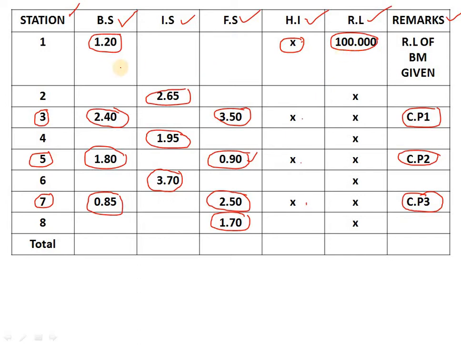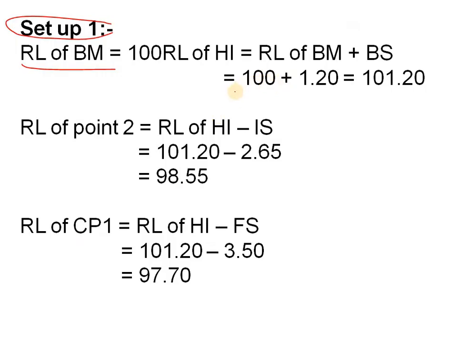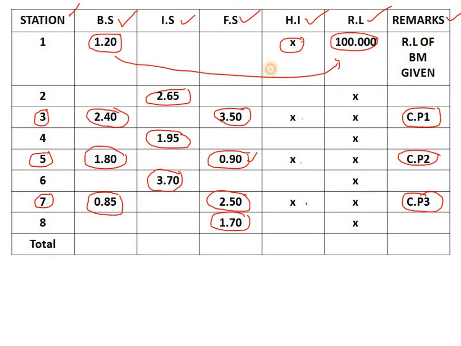So 100 plus 1.20, then how much answer will you get? So RL of HI is equal to RL of benchmark plus backside. So RL of benchmark is already given, that is 100.00, and the backside is 1.20, we will get 101.20. You can write it in the calculator also, that is 101.2.